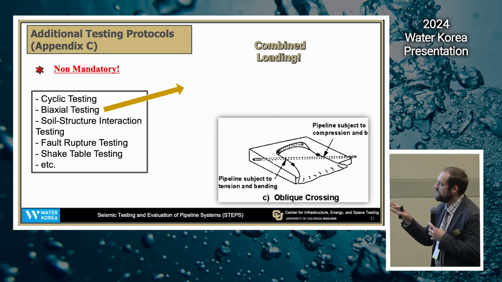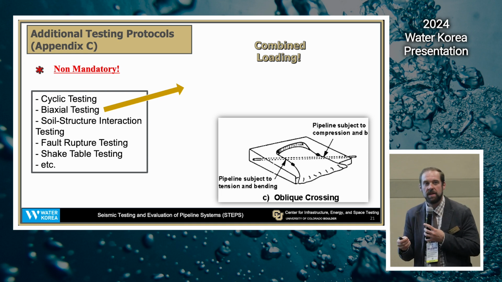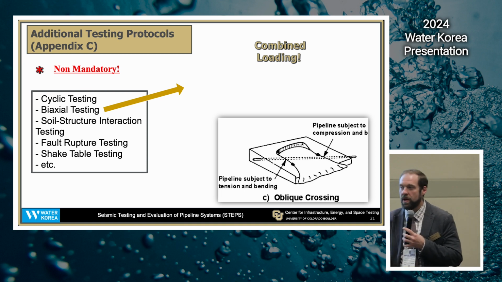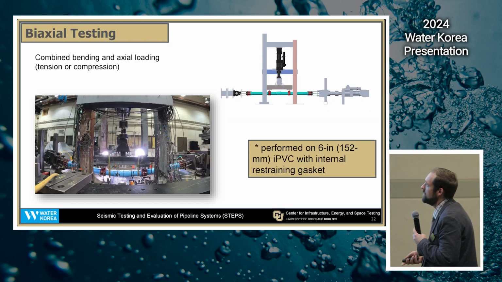So there's a couple of different ways we can look at combined loading, where we might have a combination of compression and bending, or pipe tension and bending, which could lead to a reduction in the capacity in either direction, depending on that orientation of fault rupture.